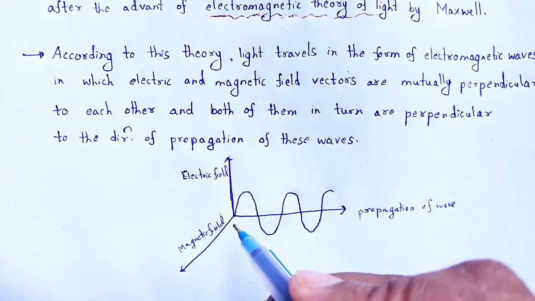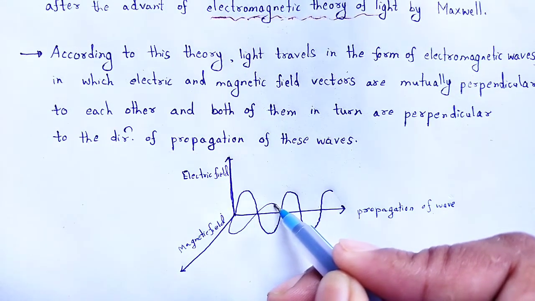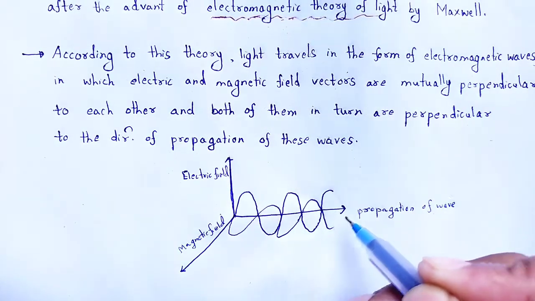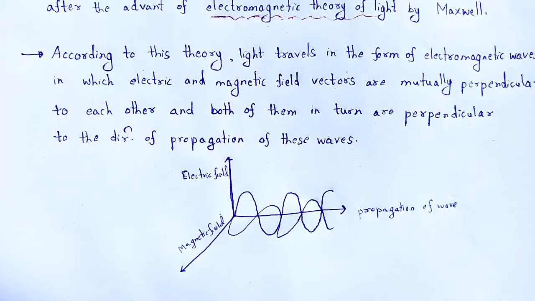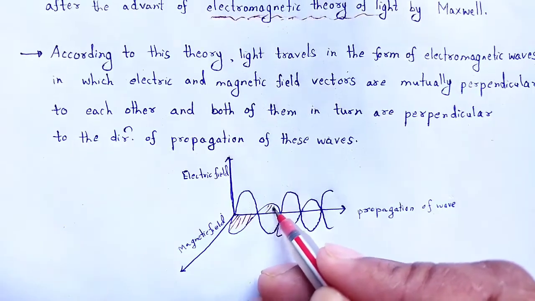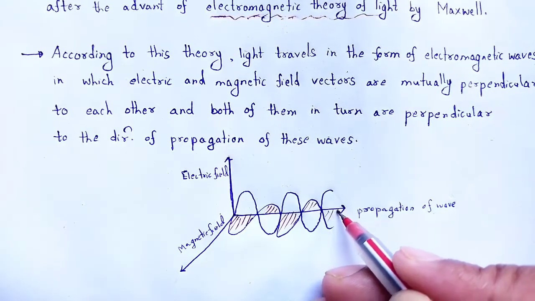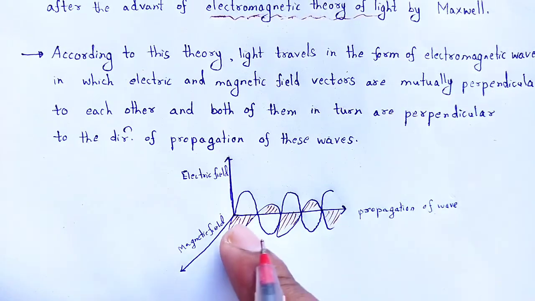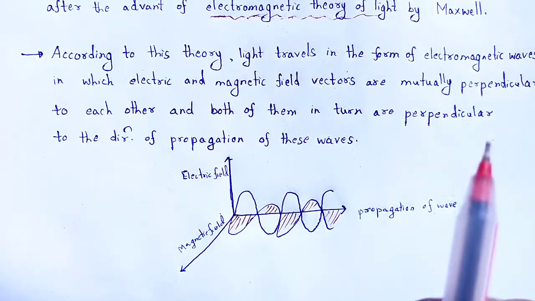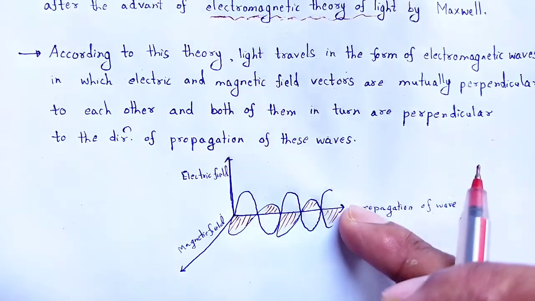The magnetic field vectors are also perpendicular to the direction of propagation. Both electric field vector and magnetic field vector are mutually perpendicular with each other, and that axis gives the direction of propagation of the wave.